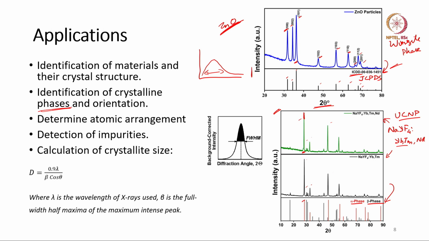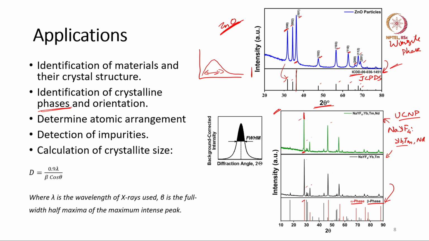But if you go towards the bulk sample, the peaks are in the form of a line structure. So the more towards the bulk side, we get a really sharp peak, and if we go towards the amorphosity side, we get a peak which is a hump kind of structure.